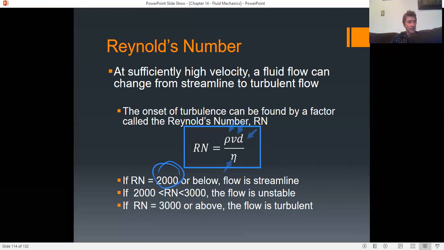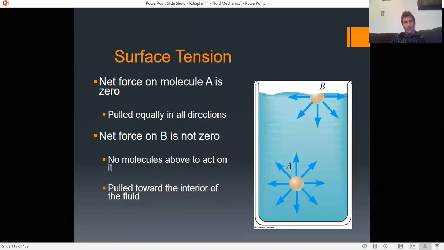As the velocity increases, a Reynolds number between 2,000 and 3,000 is going to be somewhat unstable, and turbulence will be around 3,000. Okay. All right.